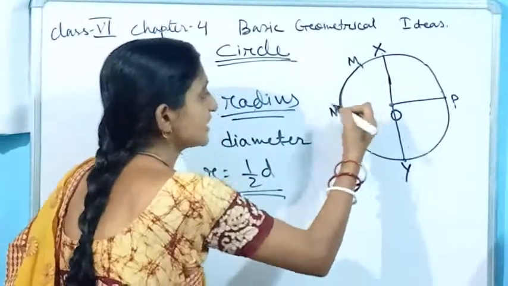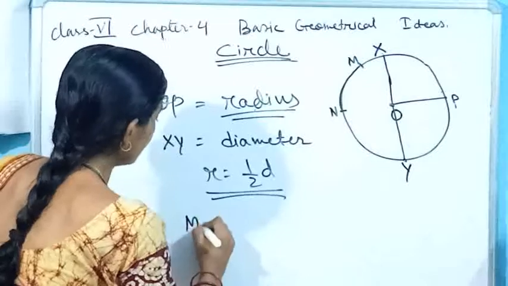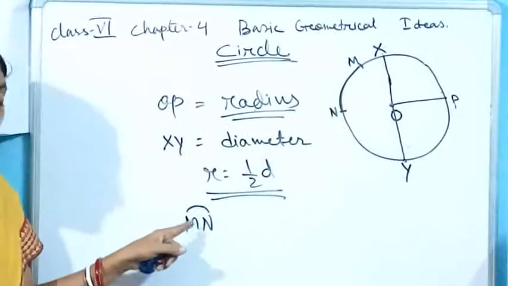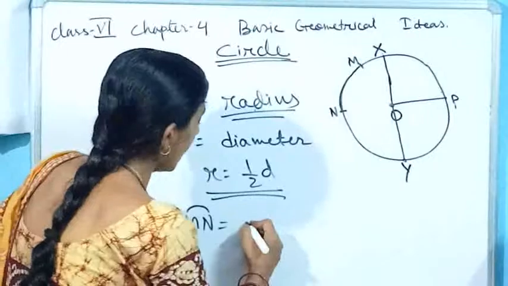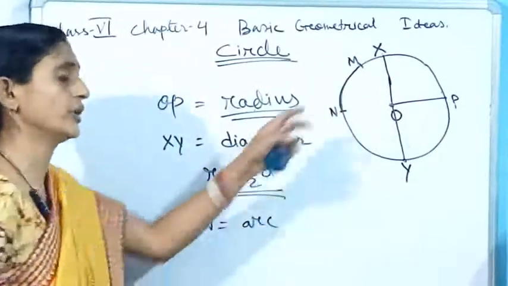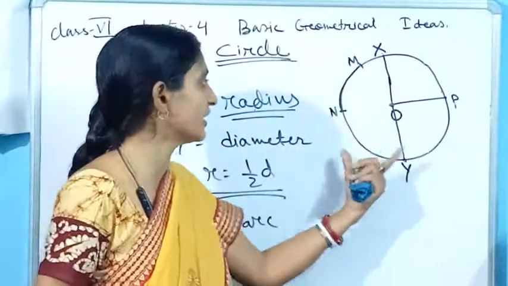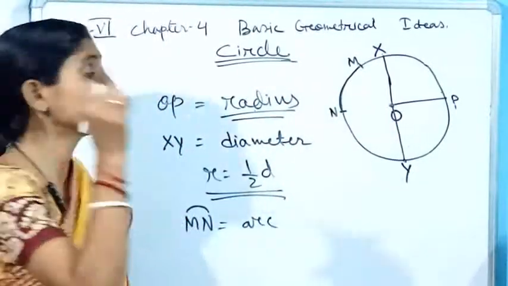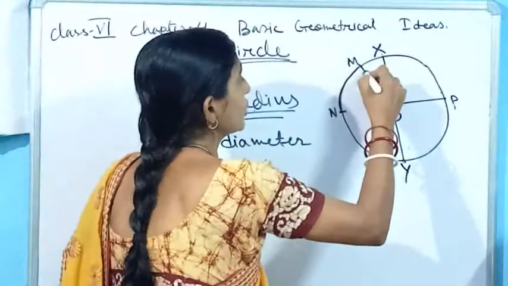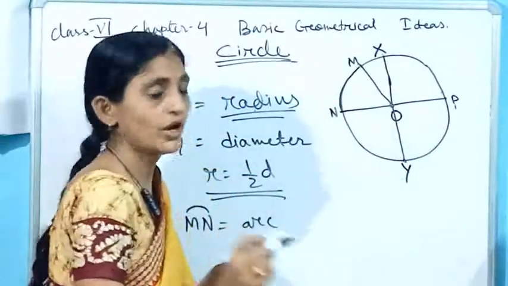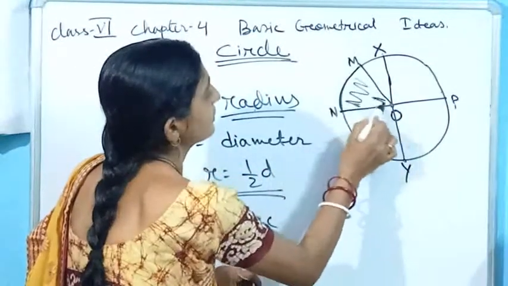Here M, we will present this with this curved line. It is called an arc. It is one arc of this circle. You can have lots of arcs on this circle. Here I have taken only this much. Now, from M I join O, and from N also I join O, and I shade this one.